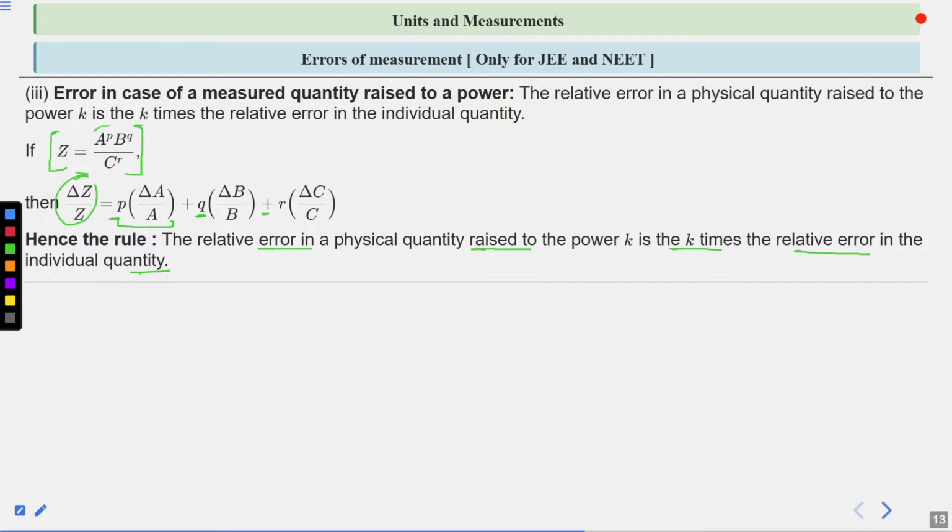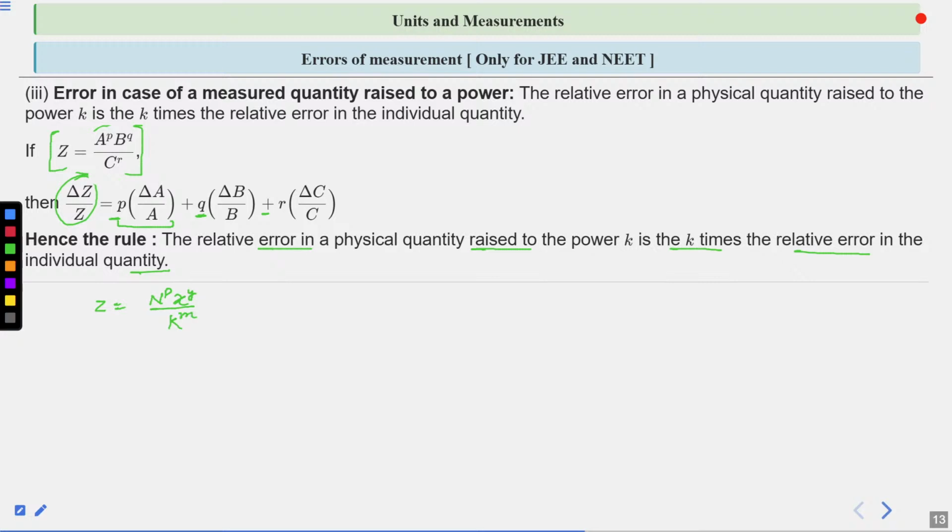Now one question for you. The question is z is equal to n raised to the power p, x raised to the power y, divided by k raised to the power m. What is the relative error?